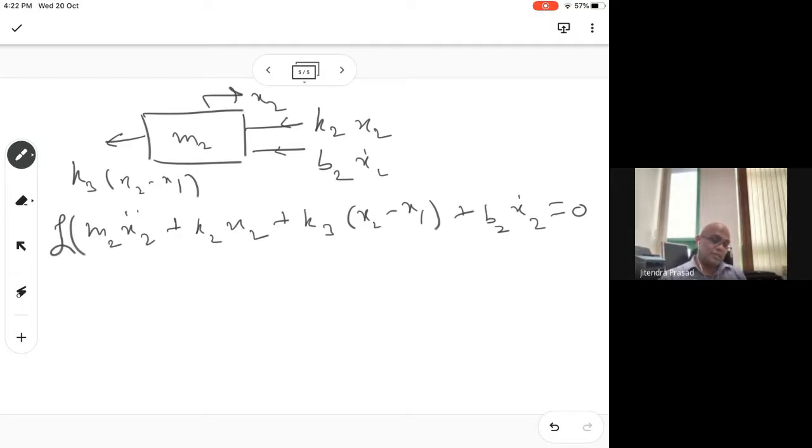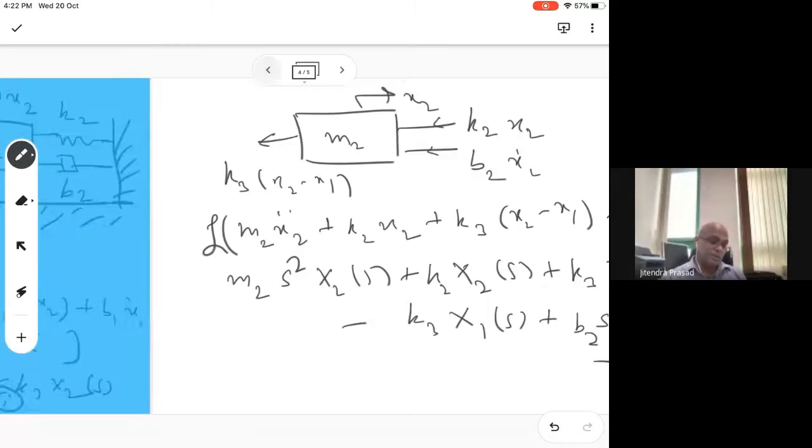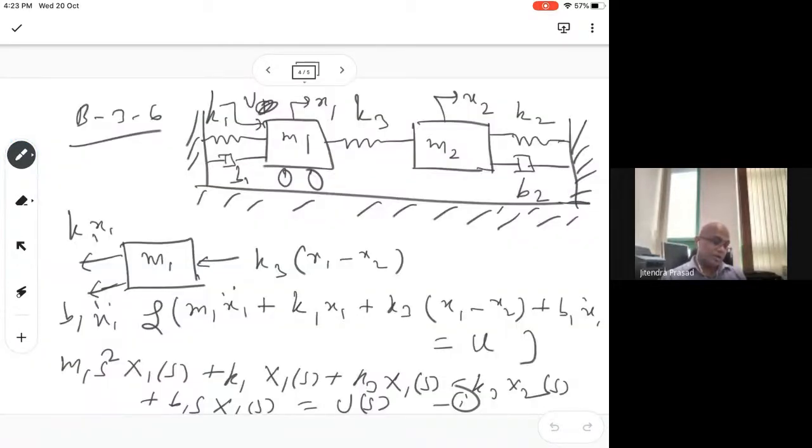Taking the Laplace transform, you get M2 S square X2(S) plus K2 X2(S) plus K3 X2(S) minus K3 X1(S) plus B2 S X2(S) is equal to 0. This is equation number 2, and the previous one is equation number 1.